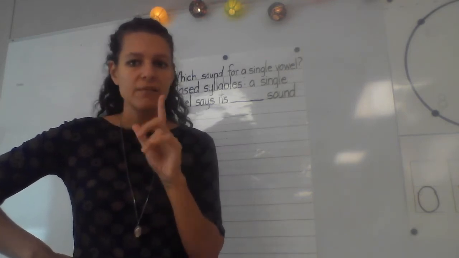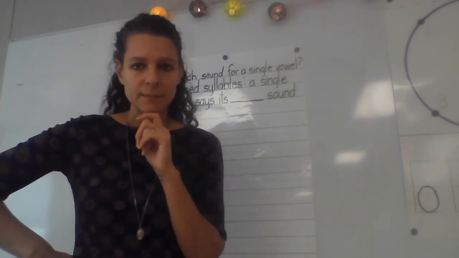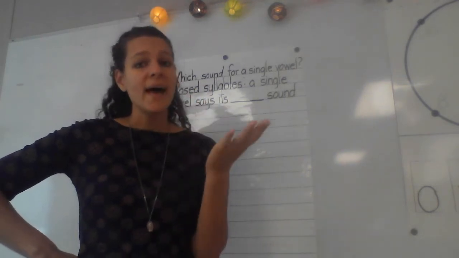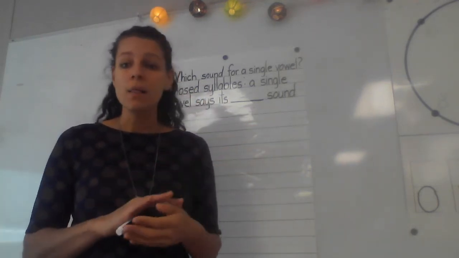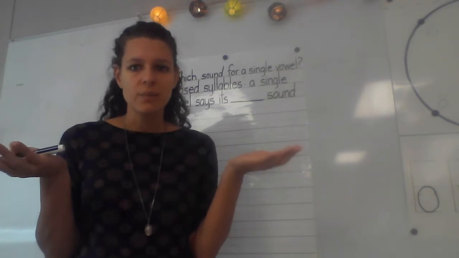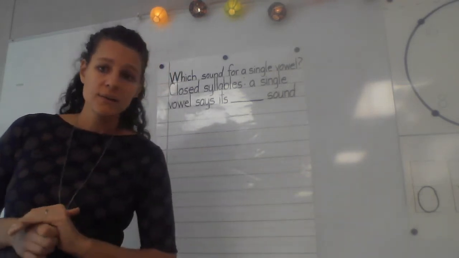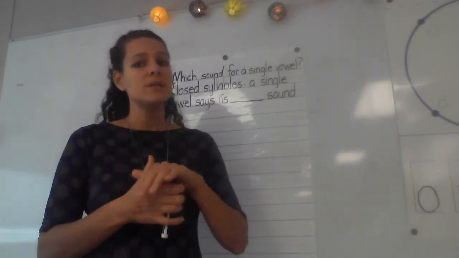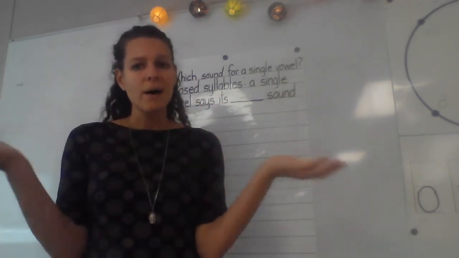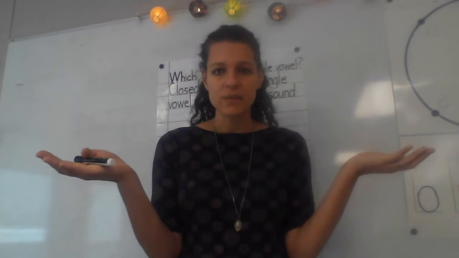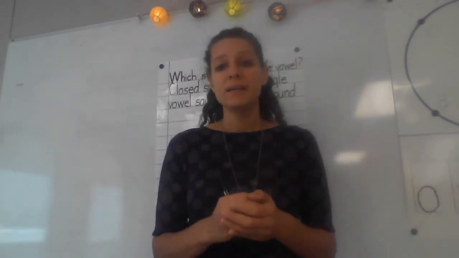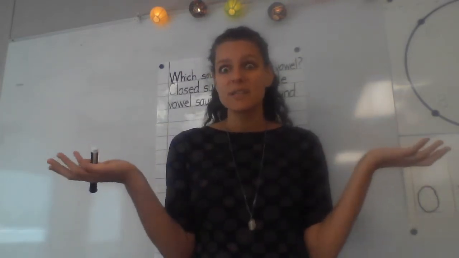Did any of them have just one sound? Excellent, you're right. All of our vowels have more than one sound. And so what we want to do is figure out, how do we know which vowel sound to use? Because none of the vowels have just one sound.